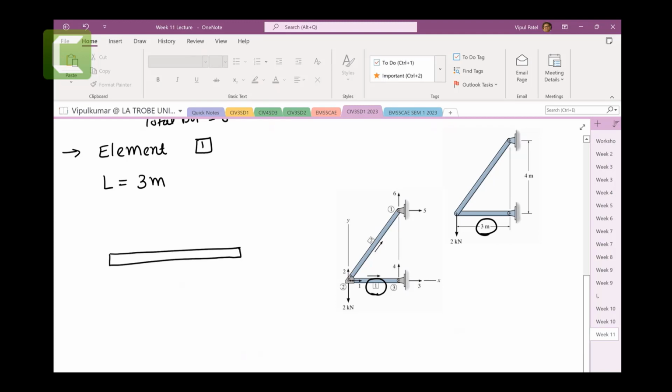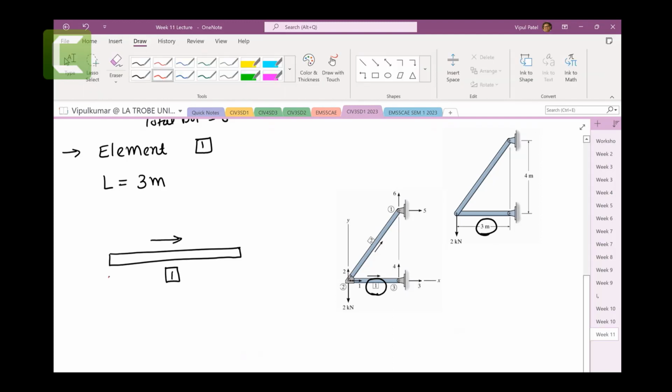So that is element number 1. It has location vectors going in these directions. It has node number 2 and node number 3. It has degrees of freedom 1 and 2, and degrees of freedom 3 and 4. And the length of this element is 3 meters.